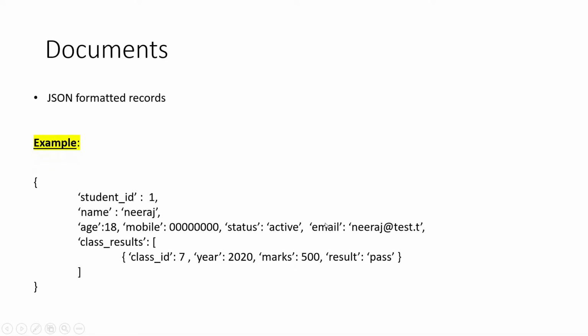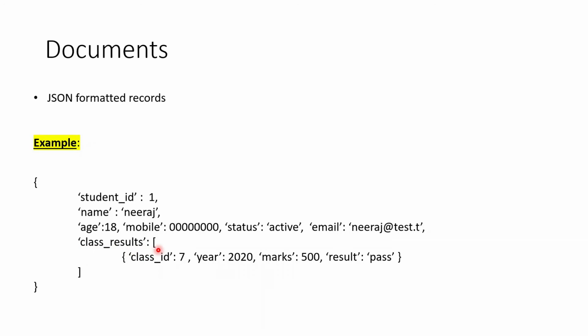Now let us see documents. These are JSON formatted records, which, as I mentioned previously, are a row in RDBMS. Let us see an example here. This is a JSON document. As I mentioned in my previous videos also, a JSON document starts with a curly bracket and ends with a curly bracket. Then you have the key, student ID is a key, and this is the value. Then there are different key value pairs: we can store mobile, status, email. And please note this class results.